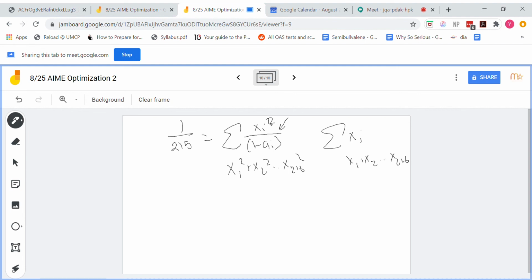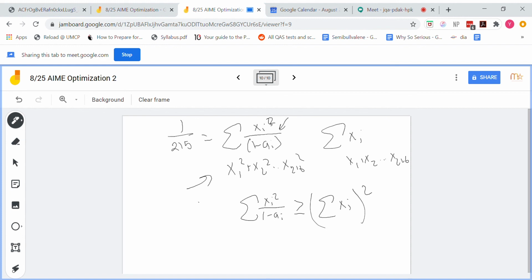By now, we've already dealt with this 4 or 5 times, so this should immediately remind you of Cauchy-Schwarz. And so the Cauchy-Schwarz inequality tells us that if we take one of the sums to be xi squared over 1 minus ai, and then the other sum on the other side should be the sum of xi.